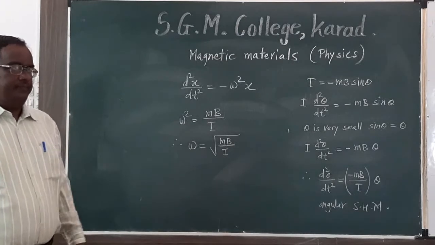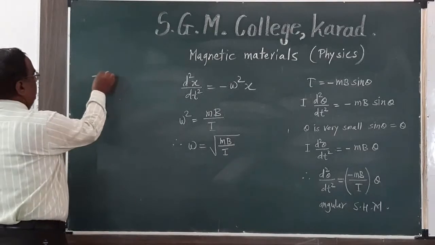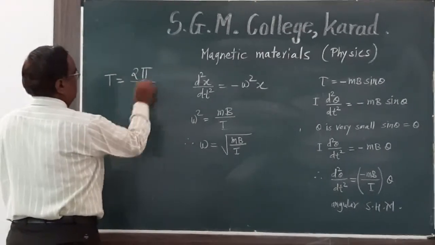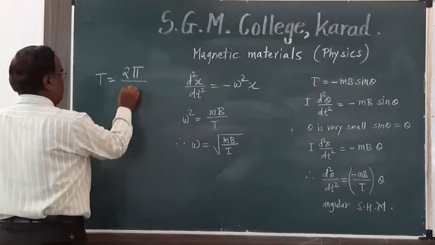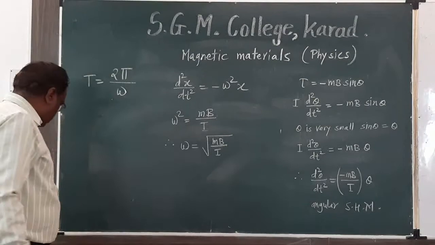Now the period is given by T is equal to 2 pi upon omega.